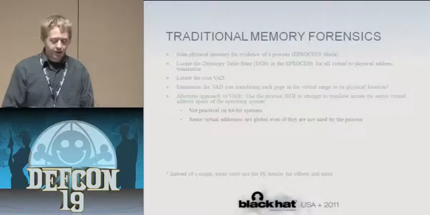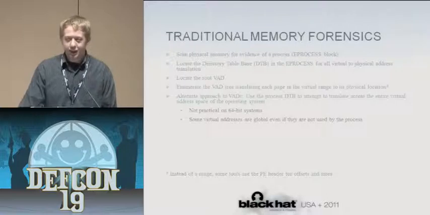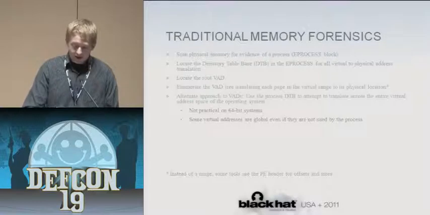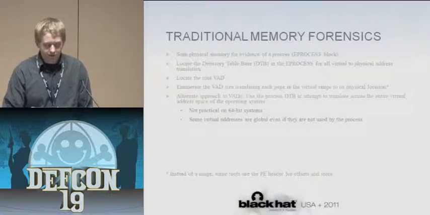Traditionally, you would scan physical memory for an E-process block, and that lets you know that there's a process at that location. From there, you get the directory table base, or DTB, in the E-process, and this will help you translate from virtual to physical addresses.